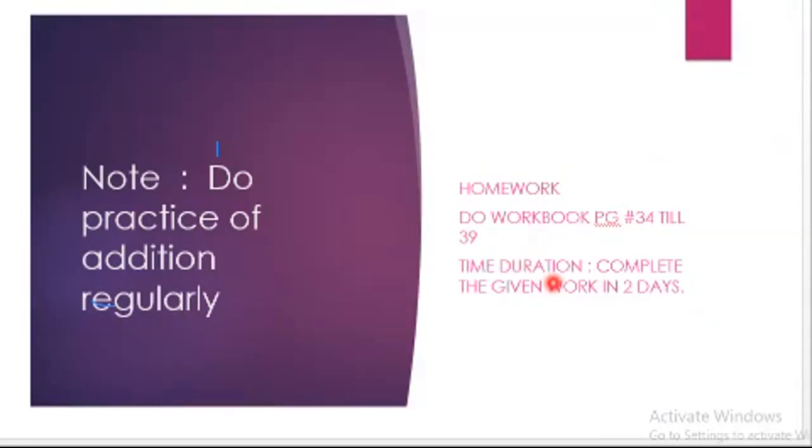The workbook pages you're going to complete are from 34 till 39, and I'm giving you 2 days to complete this work. You will find it's 5 pages and so on, but these pages are just for your practice, and I even explain it again and again. So do it by yourself, and that's why I'm giving you 2 days. Complete the given task in 2 days.